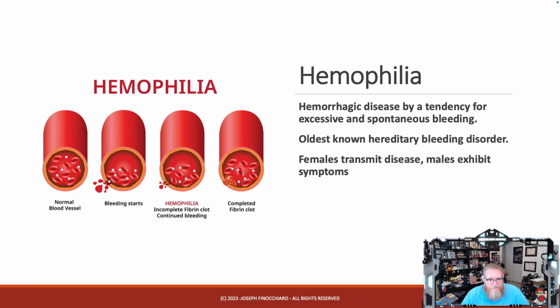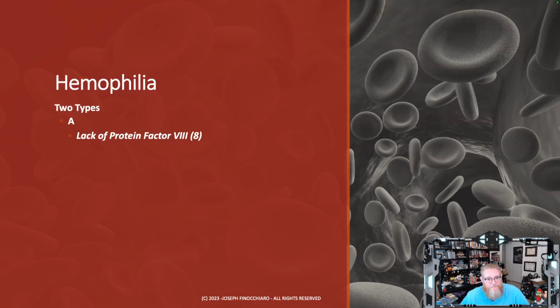Hemophilia is a hemorrhagic disease with a tendency for excessive and spontaneous bleeding. It is the oldest known hereditary bleeding disorder, so you know that that's going to be a fairly important fact. Females transmit the disease, and males exhibit symptoms.